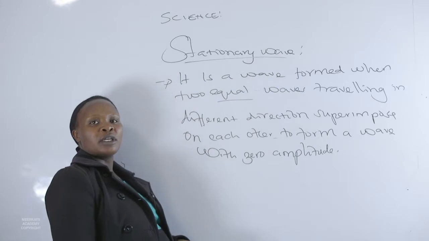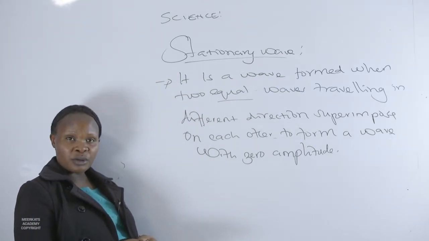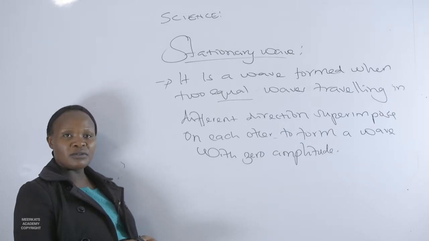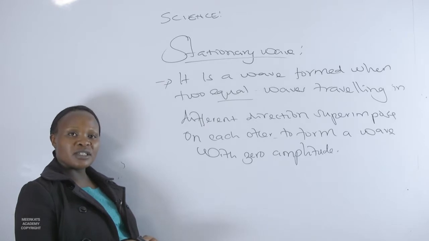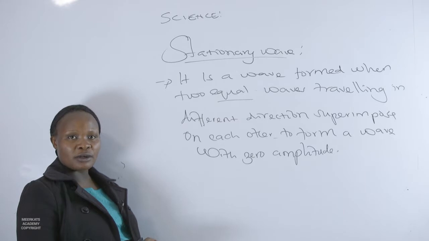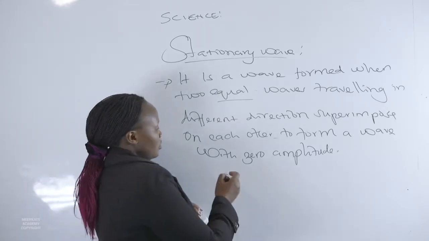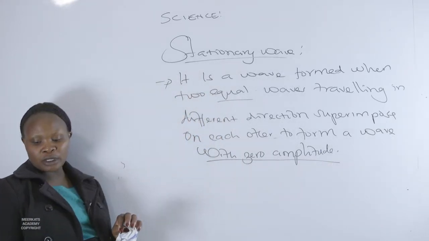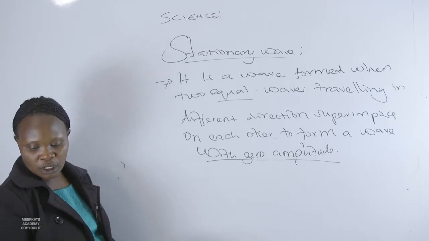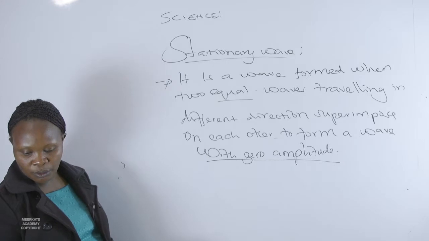We have waves which are equal but traveling in opposite directions. Now these waves superimpose on each other, or they interfere, to form a wave with zero amplitude. That way we shall claim to have formed a stationary wave.